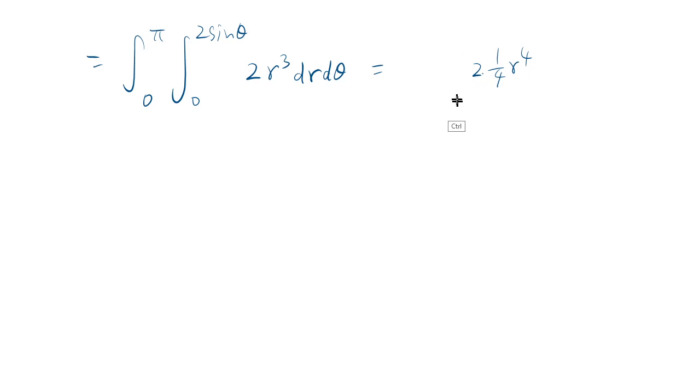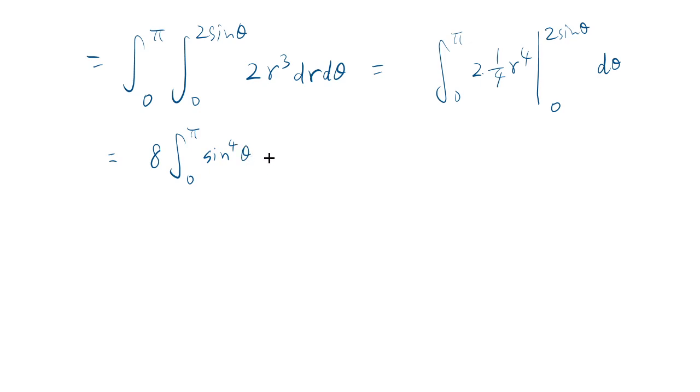You still have to integrate from 0 to pi, but since you've integrated for r, you still have to plug in 0 and 2 sine theta, and then d theta. When you plug in 2 sine theta here, 2 to the 4th is 16. 16 divided by 4 is 4. 4 times 2 is 8. So you have 8 times integral from 0 to pi of sine to the 4th theta d theta.